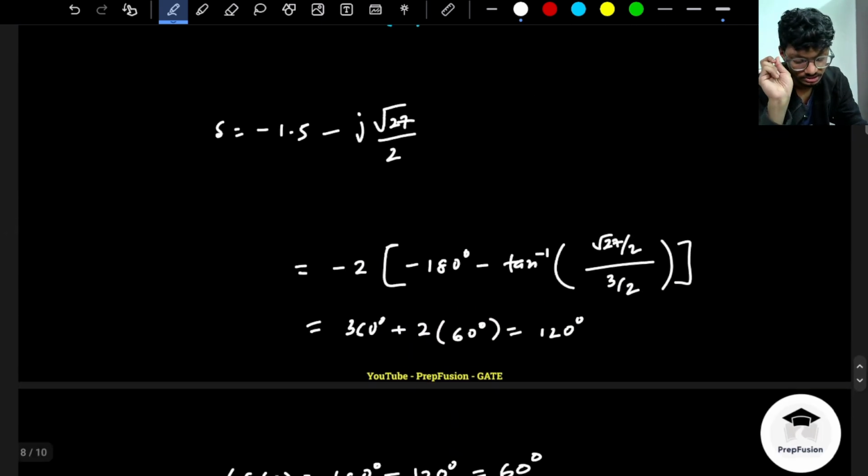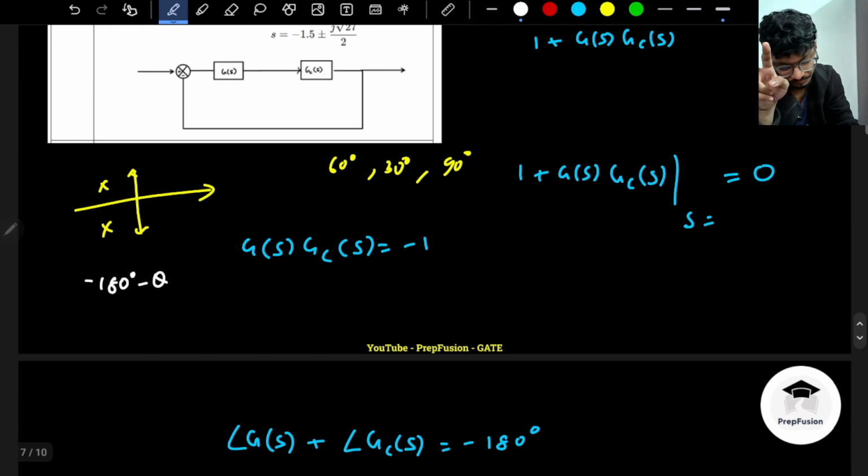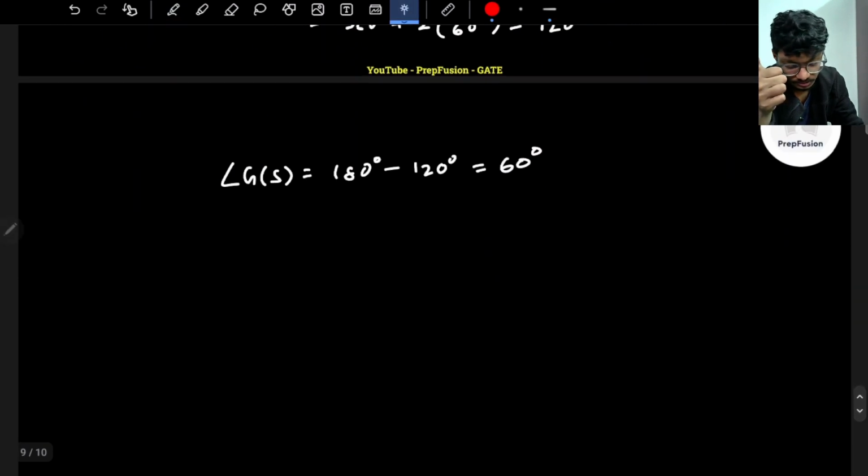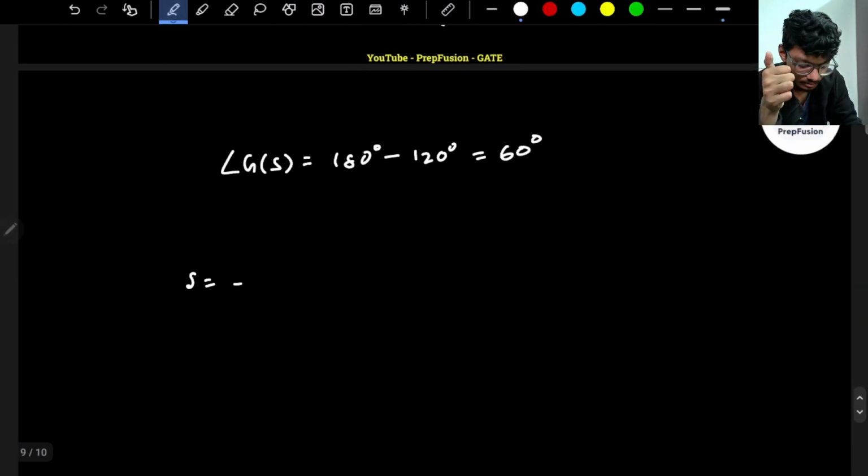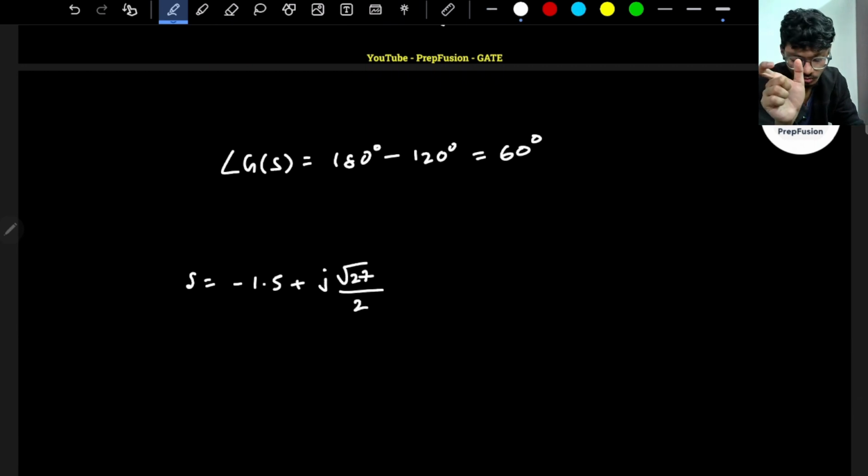But now if I choose the other pole, what will be the angle contribution due to the other pole, that is s equals minus 1.5 plus j root 27 by 2? The angle contribution due to the other pole will be minus 180 plus theta.